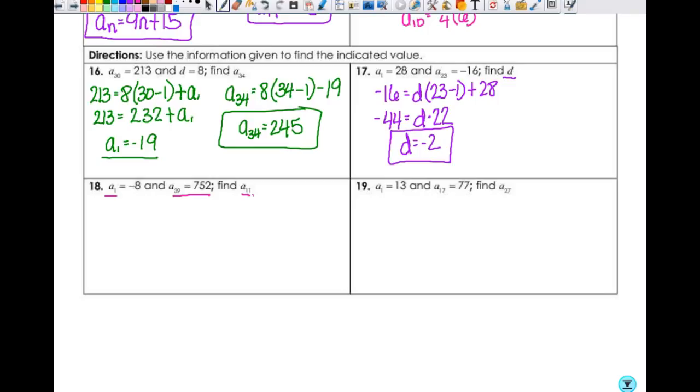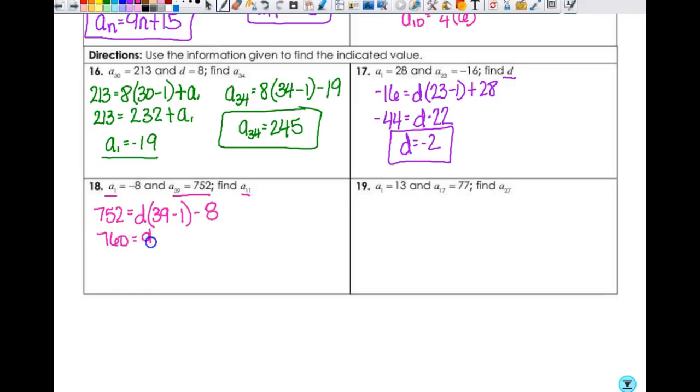In order to do that, I have to find the common difference first. So A39, which is 752, is equal to the common difference, which we don't know yet, times N, which is 39, minus 1, plus A1, or minus 8. Okay. So I'm going to add 8 to both sides and get 760.